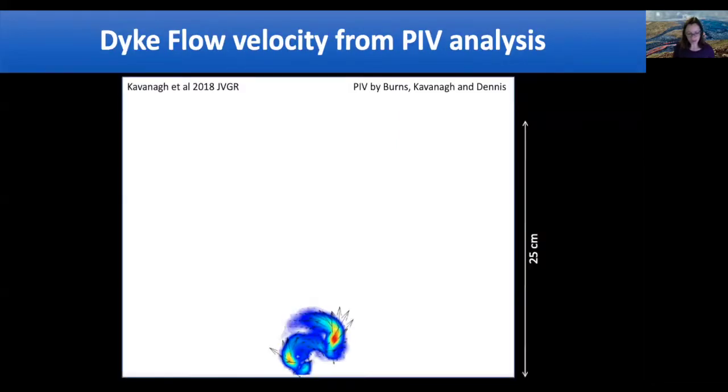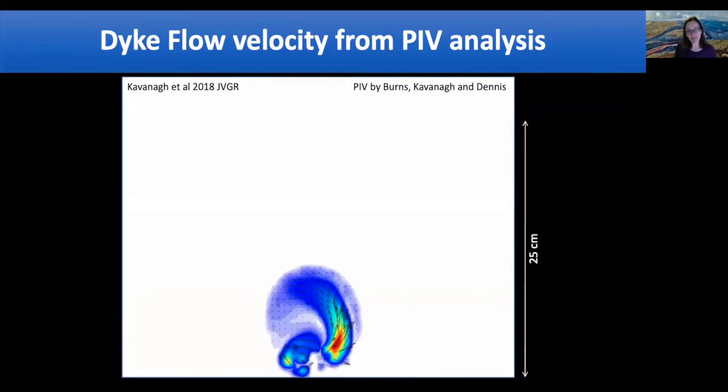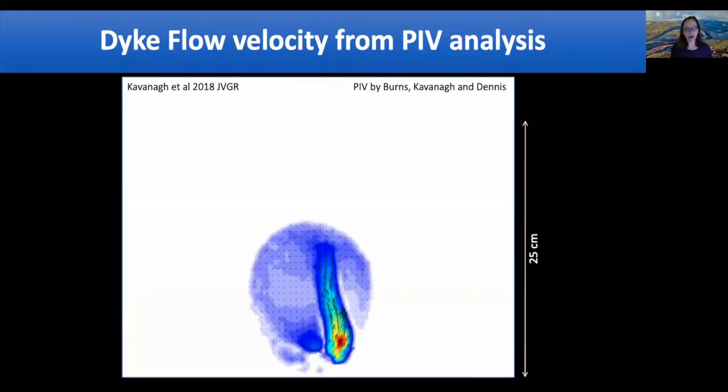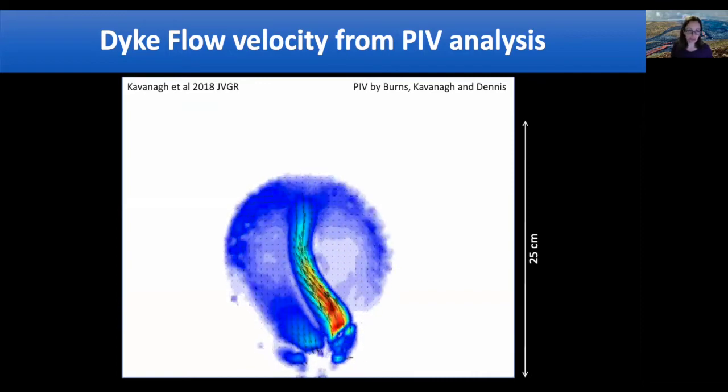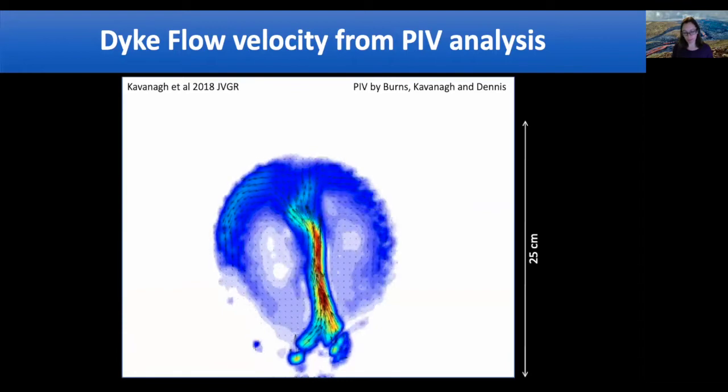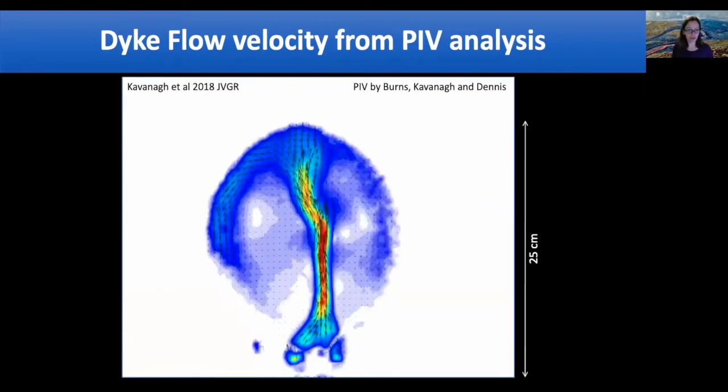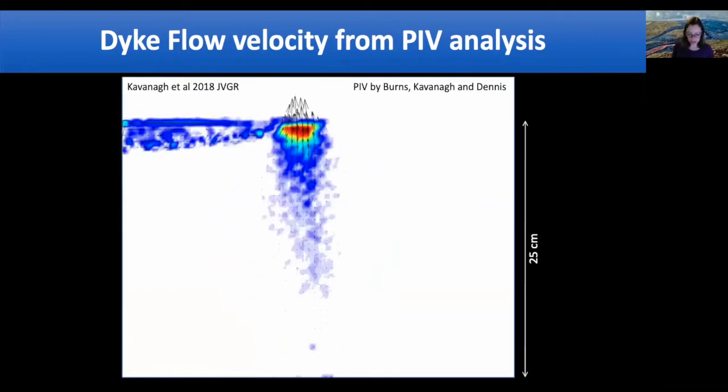And so this is then a simulation of the movement that was in that water dike experiment. You can see here high velocities in the brighter colors, so in reds, and the low velocities in blues, or even no color if there's no movement at all. You can see there a jet, a fluid-like jet, which is formed.